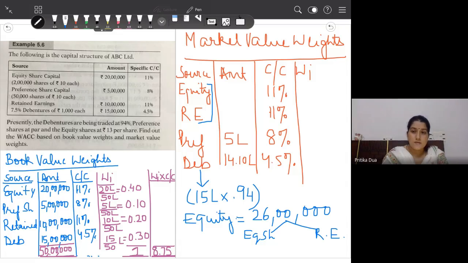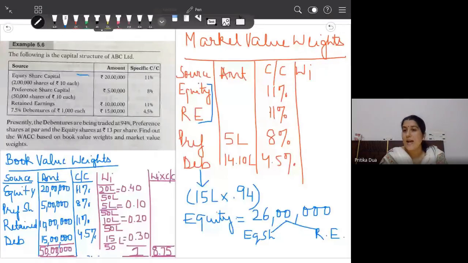Any guess? This ratio you will derive from the book value. If you have a look here, yes, Mudassir, you are right. You are given that ratio in the question itself. 20 lakh is to 10 lakh, 2 is to 1.